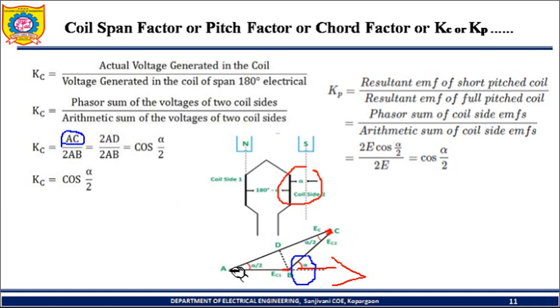See here, it is AC. And what is the requirement? Addition of this coil side 1 and this coil side 1 if it is full pitch. So AB plus AB means it will be twice AB.